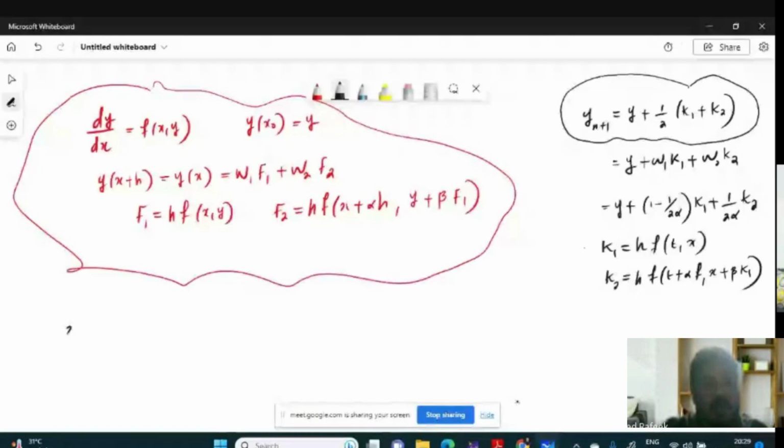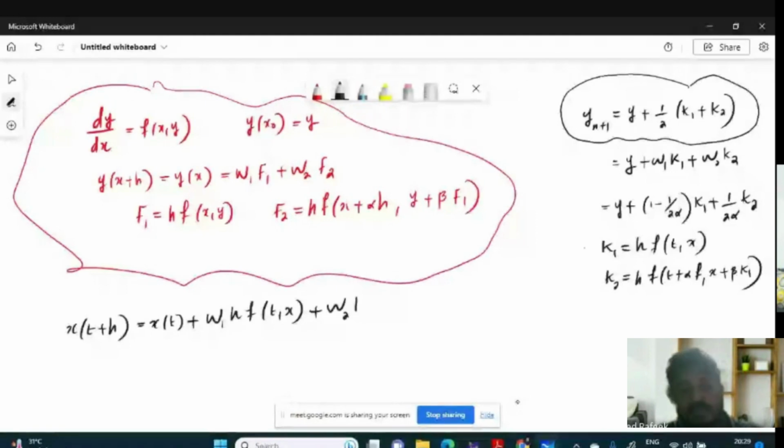I am writing x of t plus h, x comma t. x of t plus w1 h into this k, and k1 and k2 I am writing here, t comma x, plus w2 h f of t plus alpha h, x plus beta h k1, is equal to h f plus order of h cube. Order of h cube we are removing.